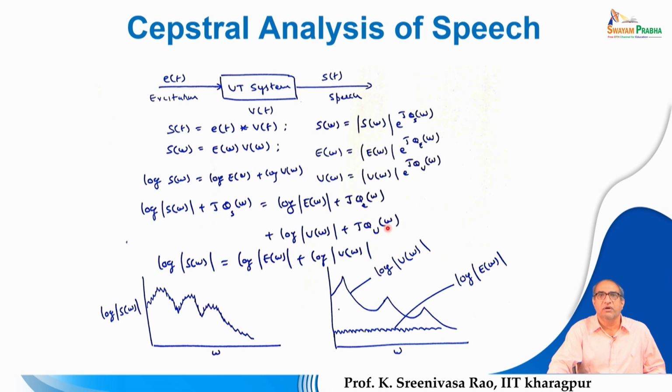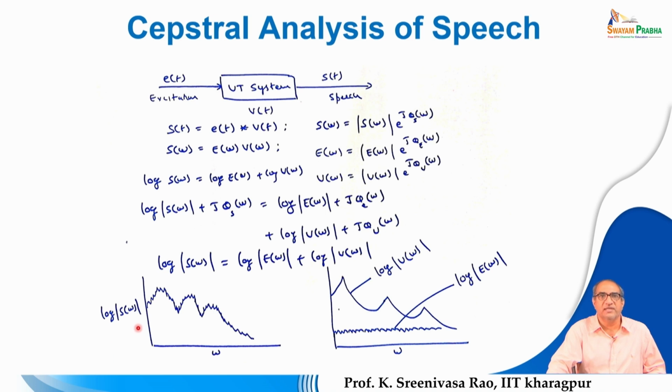If you do not consider the phase, the imaginary component, you get the log magnitude spectrum of a speech signal: log S of omega equals log E of omega plus log V of omega. You can see this when you perform the FFT on this S of t.